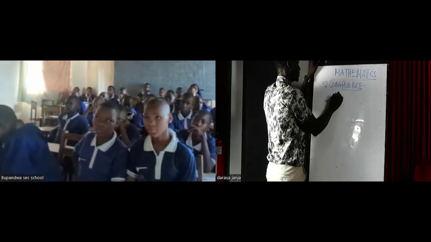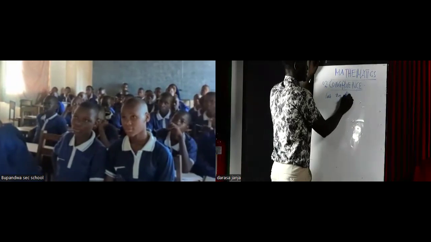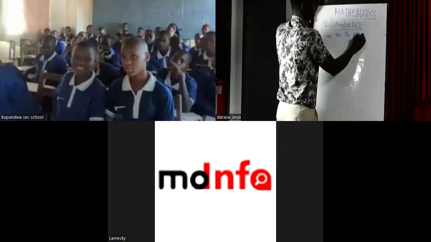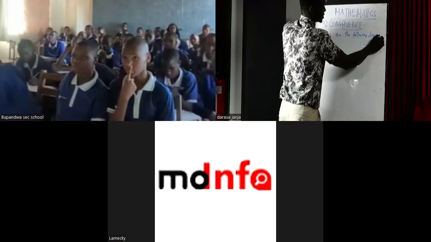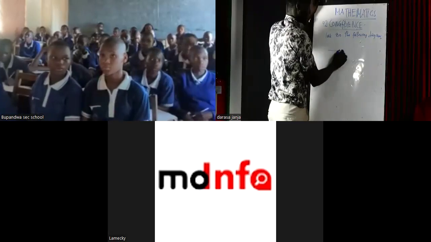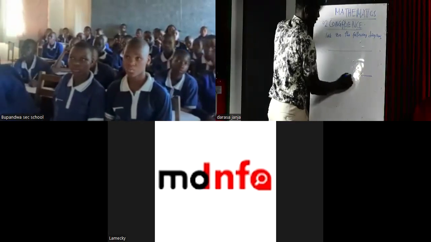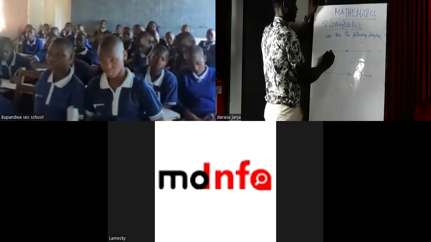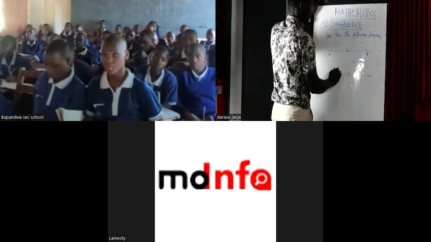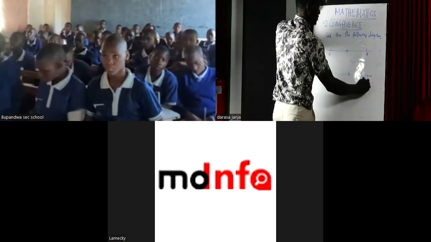Look on the following diagram. For example, I have got here two parallel lines. They're just traveling in the same direction. Let's say this is line AB, and this is line CD.